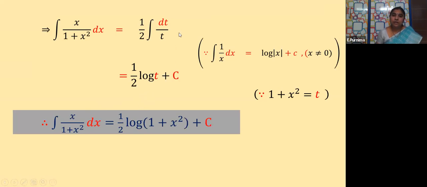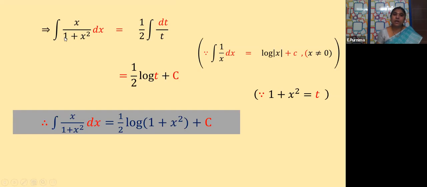So this is a use of the substitution method, where you cannot solve directly. There you can use the substitution method, and always remember, children, how can you know which term has to be taken as the t? Always remember, children, whatever term you take as t, after differentiating, that should give you the numerator.